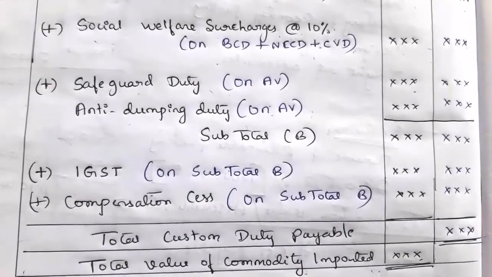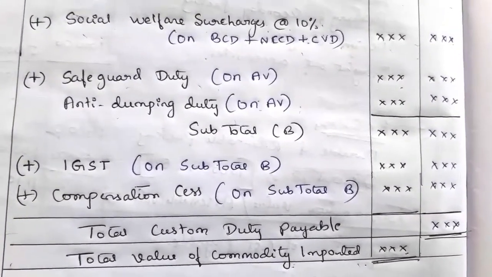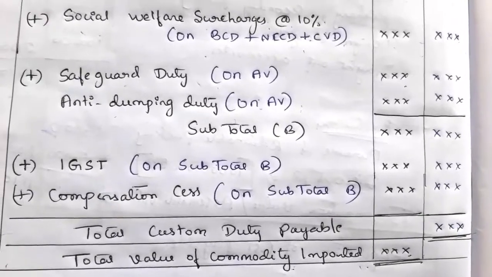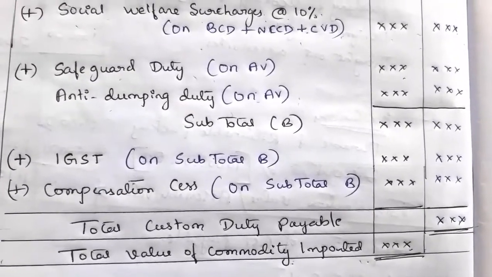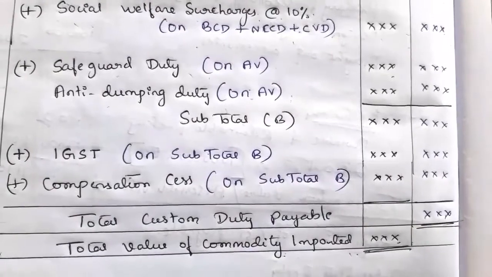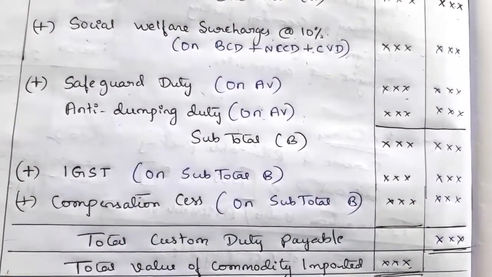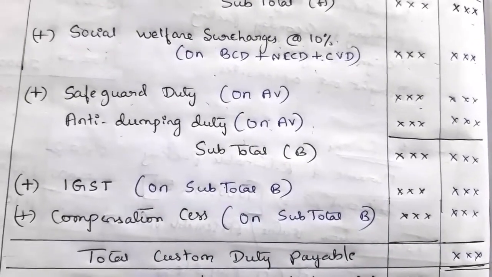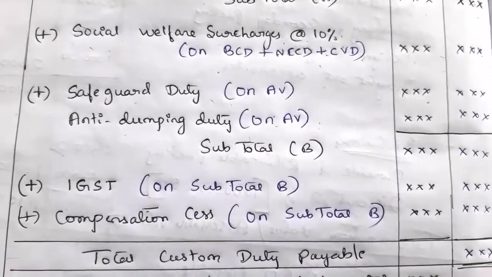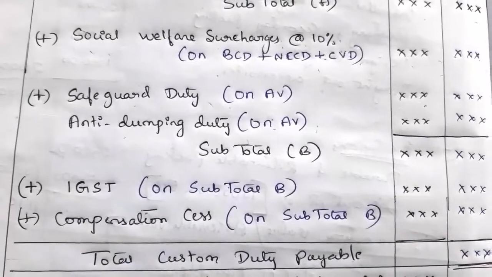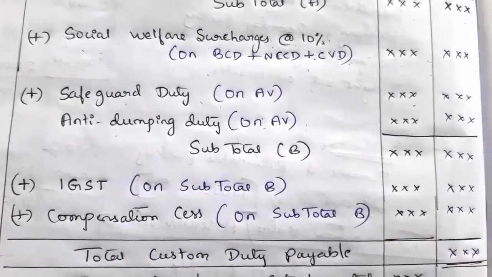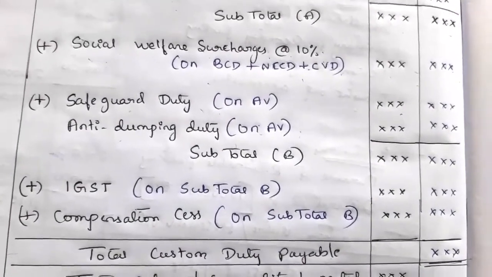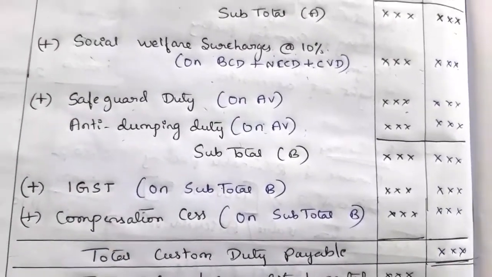Then anti-dumping duty. Anti-dumping duty is imposed on import from a particular country. It is a duty levied on the import from a particular country when goods are imported at a price less than the normal value prevailing in that country.